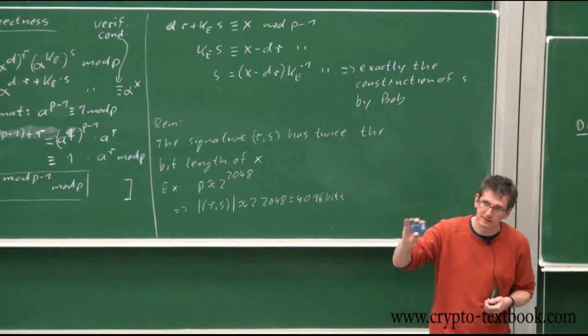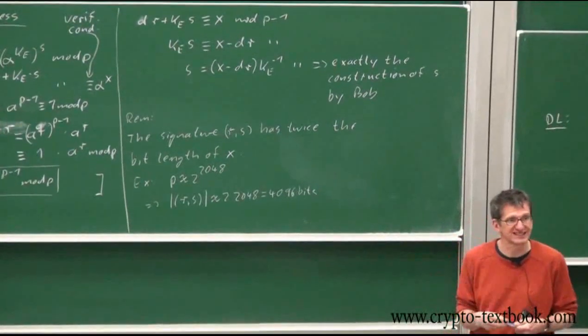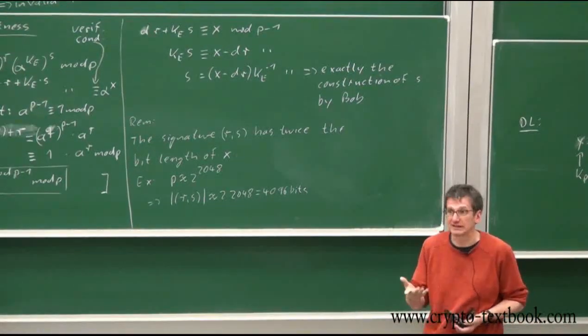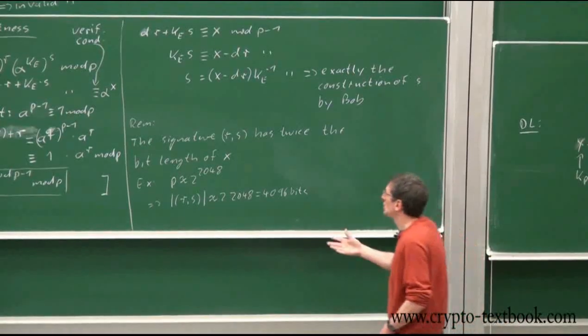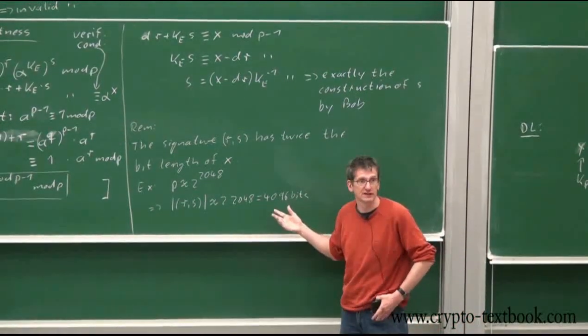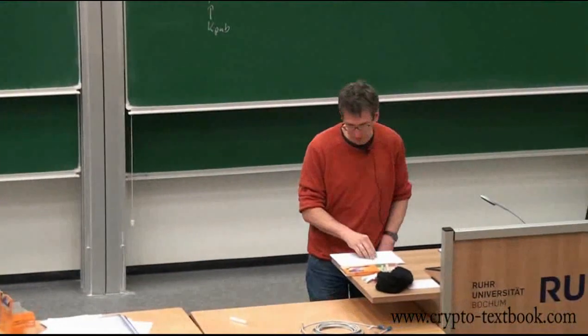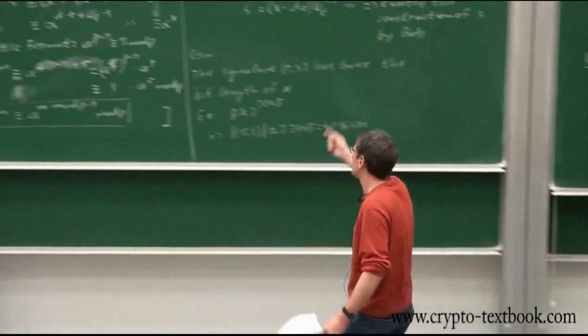And if you have wireless cards, contactless cards, it might take a few seconds to pump the bits over. So what I'm trying to say is that there's certain situations where it's not nice to have relatively long signatures, in particular on small devices.